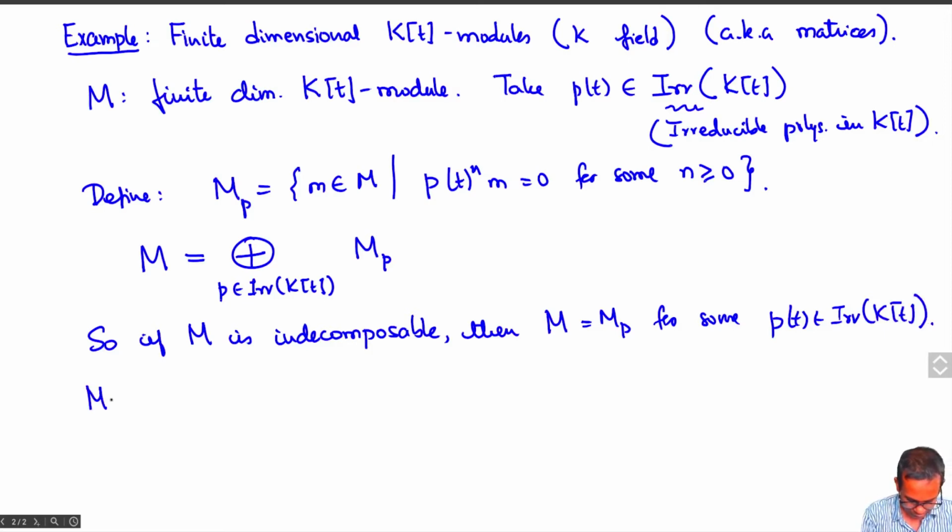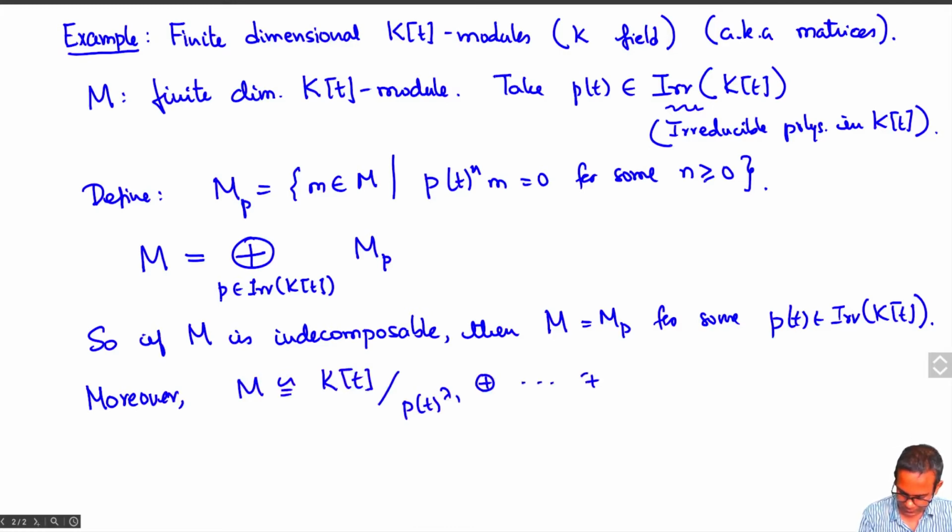Moreover, by the structure theorem, M is isomorphic to K[t] mod p(t) to the lambda 1 plus and so on, K[t] mod p(t) to the lambda L. And here again we have 0 less than lambda 1 less than or equal to lambda 2 less than or equal to lambda L.